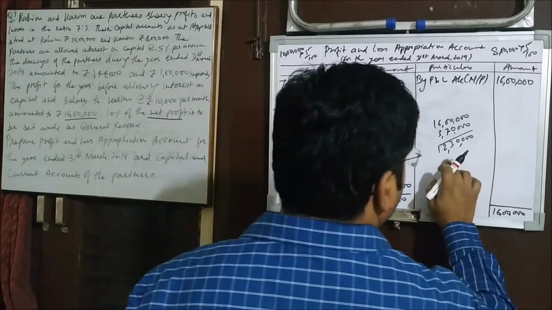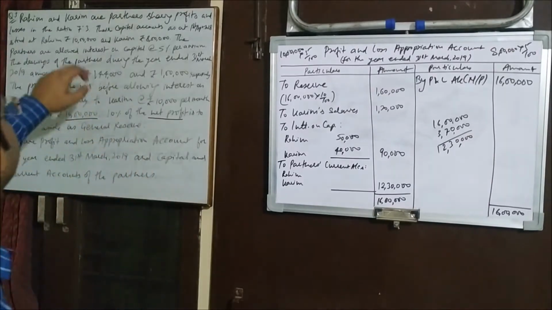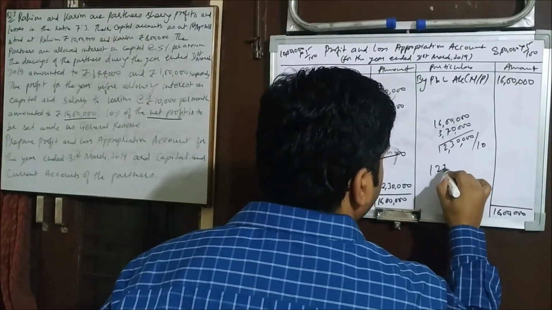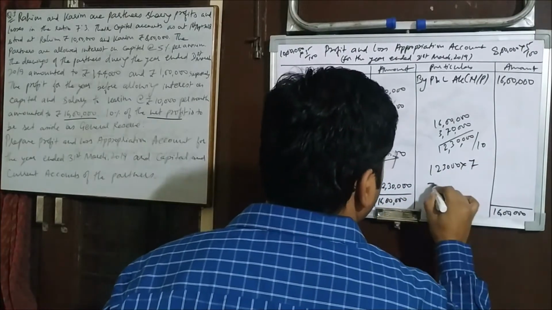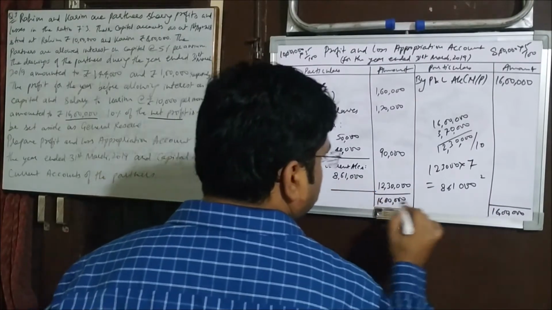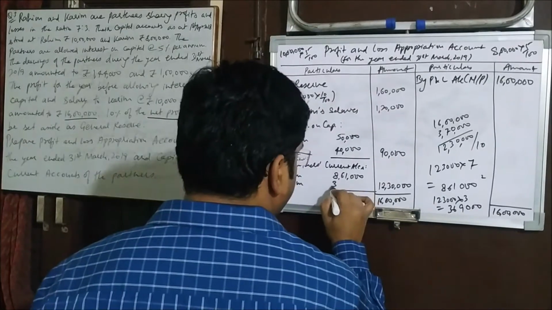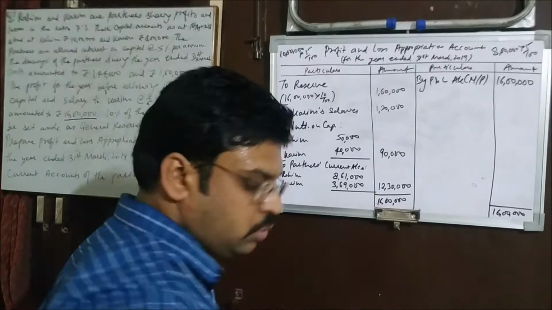So this 12,30,000 is to be divided between the two partners in the ratio 7:3. The very first we'll divide it by 10. That comes out 1,23,000. Then for Rahim we'll multiply it with 7. What comes out? 8,61,000. And for Kareem, let's see what comes out, 3,69,000. So you can have a look.